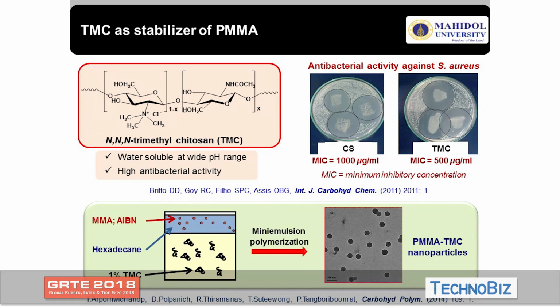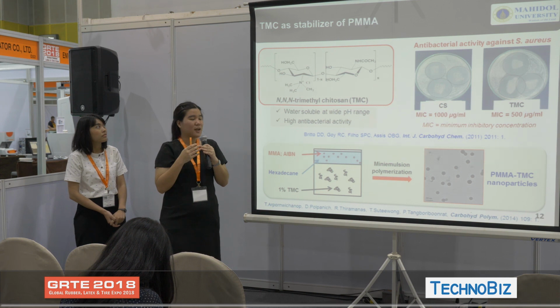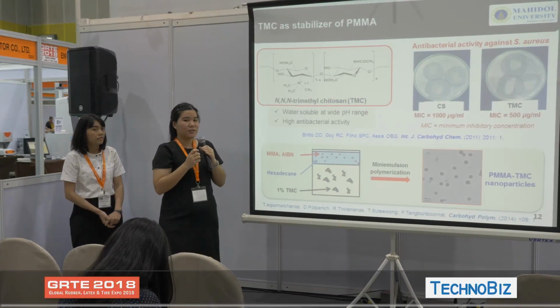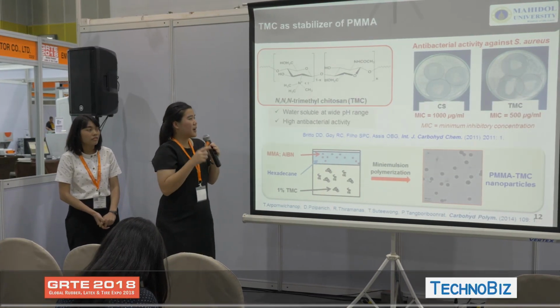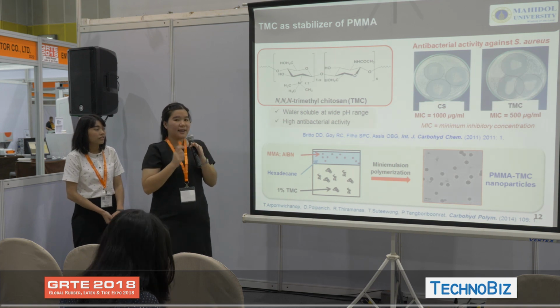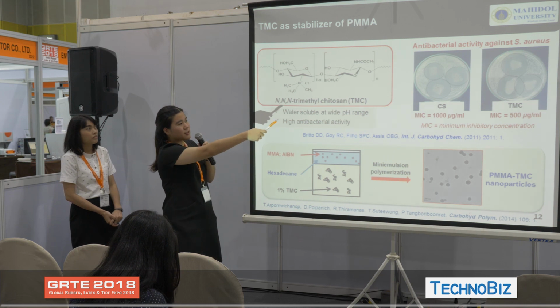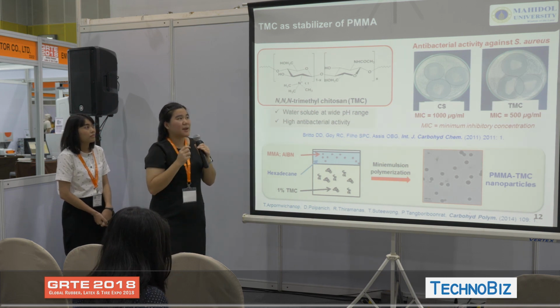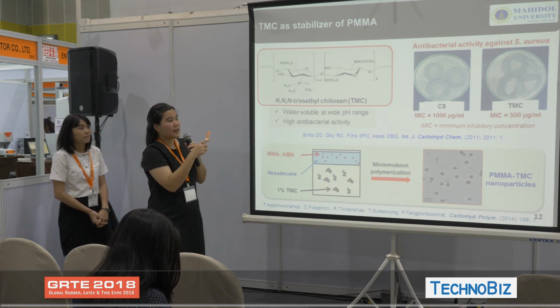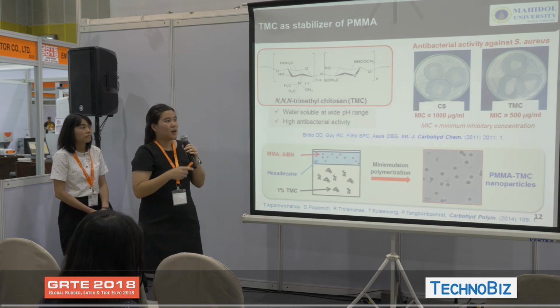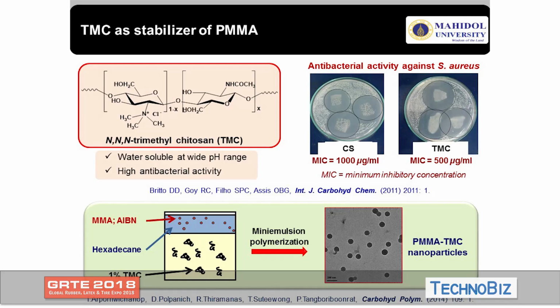TMC is a derivative of chitosan. It can dissolve in a wider pH range, while chitosan can dissolve only at acidic pH. Moreover, TMC had higher antibacterial activity. As you can see from that picture, which shows the antibacterial activity of both chitosan and TMC against S. aureus, both cases show antibacterial activity by the appearance of the clear zone.